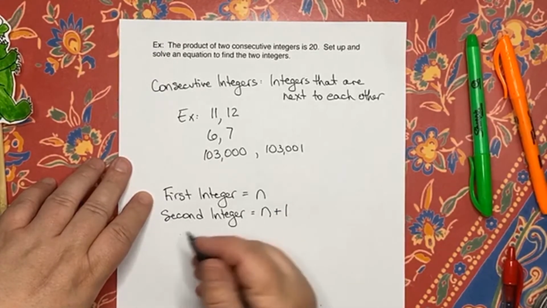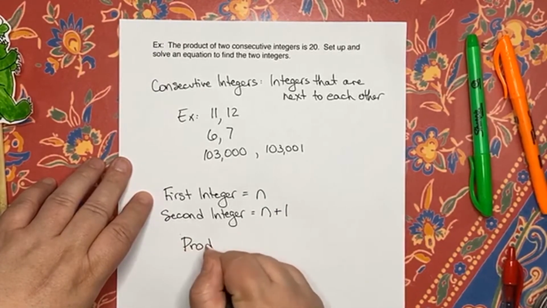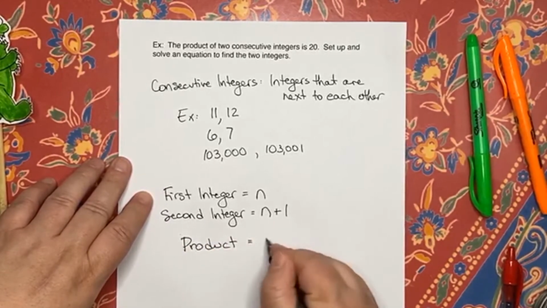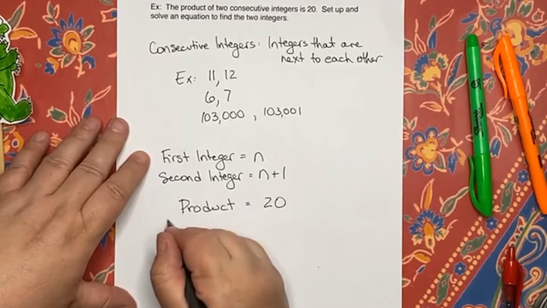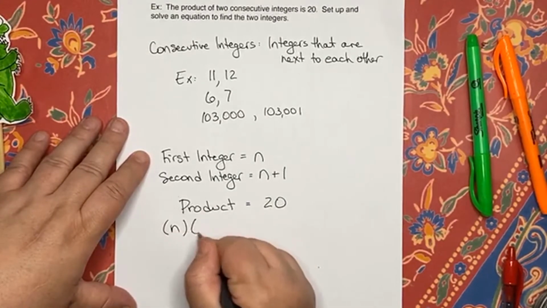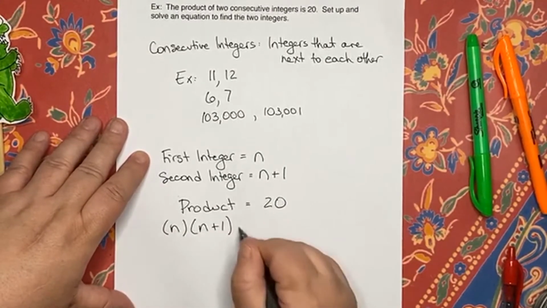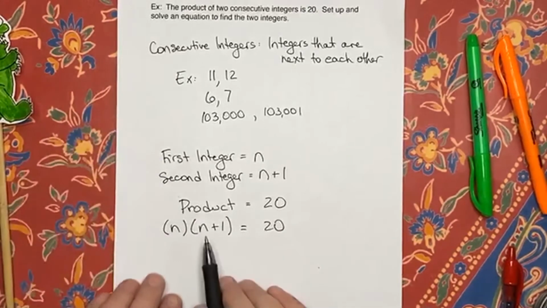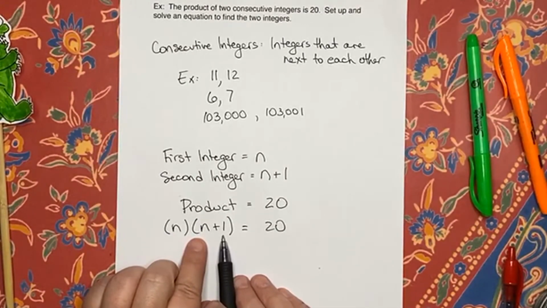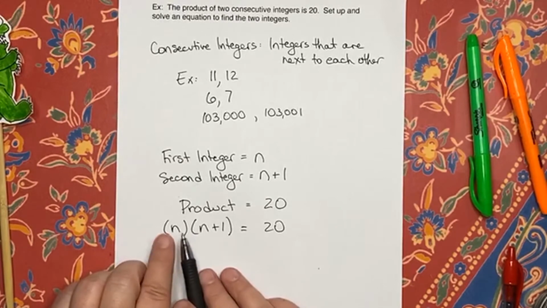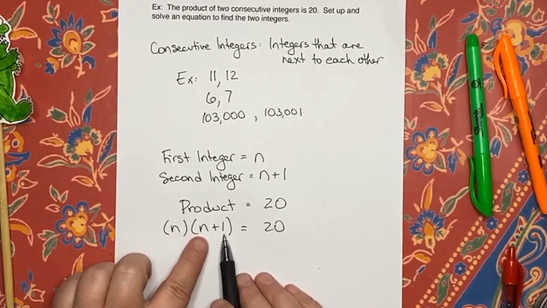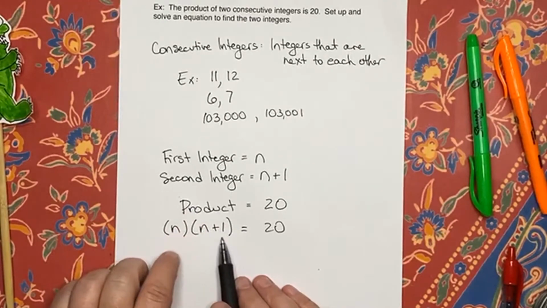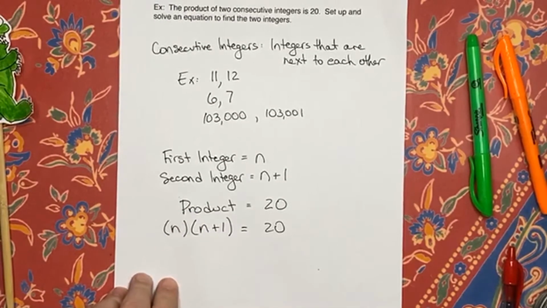Okay, and it says the product equals 20. So now what's the product? The product is multiplied. So I've got n times (n plus 1) equals 20. Notice I have to use parentheses around the n plus 1. I didn't have to do it around the n. I just did it because it felt parallel in some way. But n plus 1 has to be in parentheses because you got to keep the whole number together.